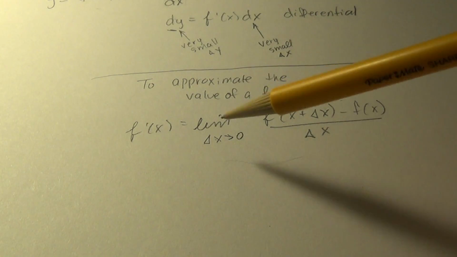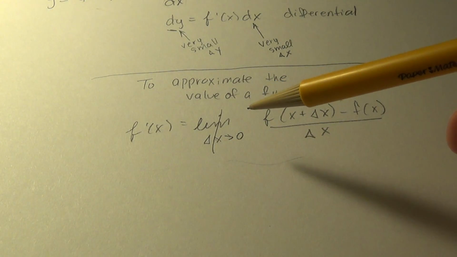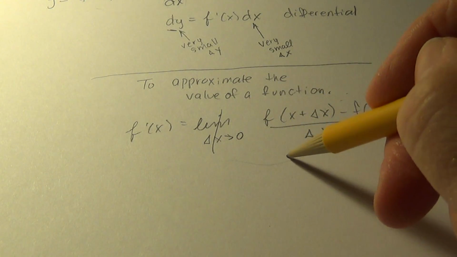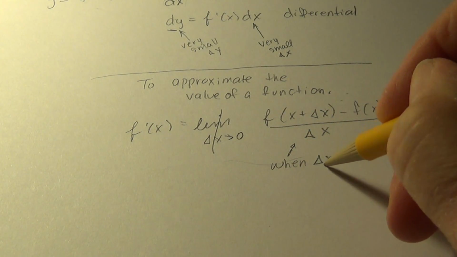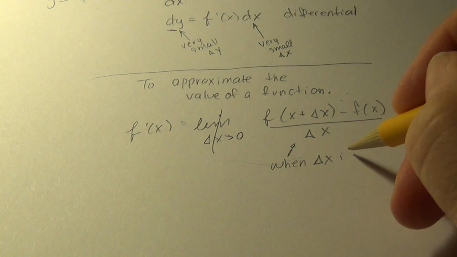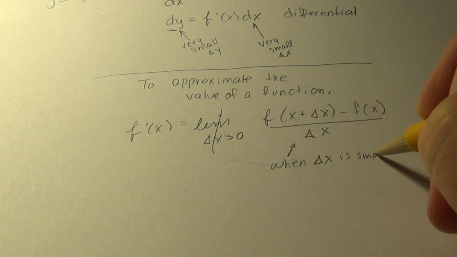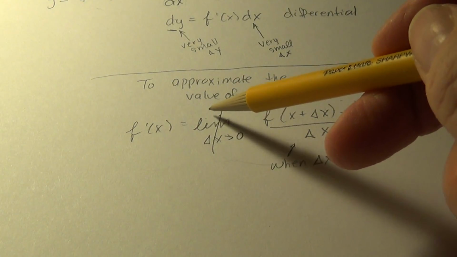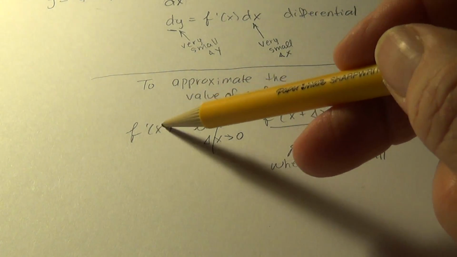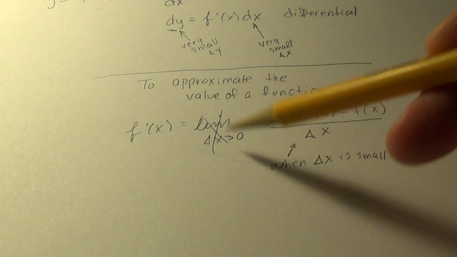We're going to kind of drop the limit, and when change in x is small, then we are going to be very close to f prime of x without taking the limit.